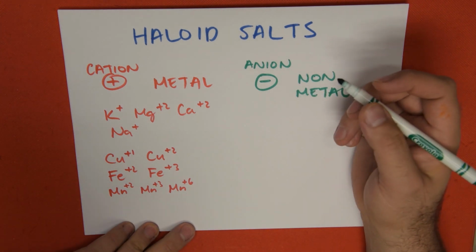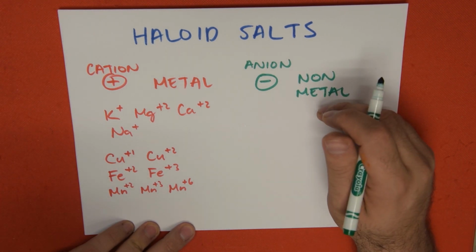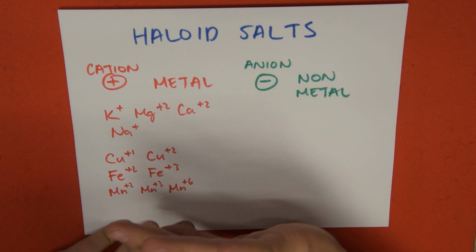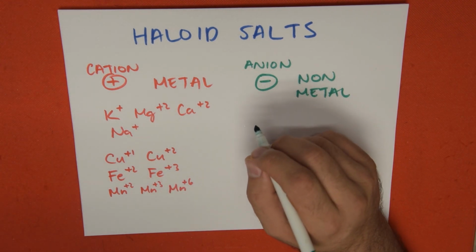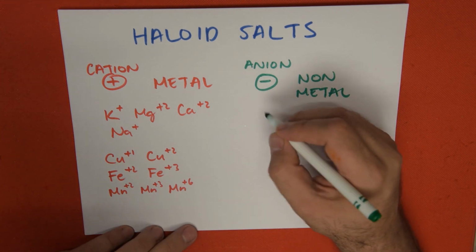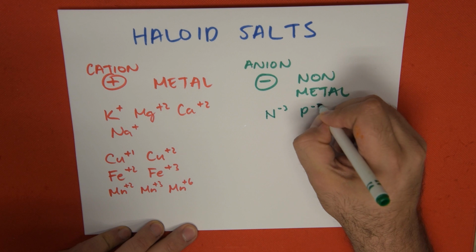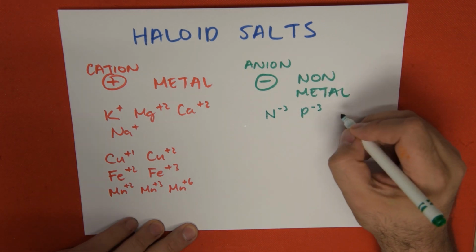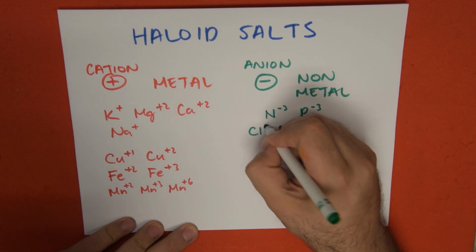Nonmetals are very simple to recognize. We do not count oxygen in this type of family because oxygen with metals forms oxides, so it's something different, okay? So we can speak about elements such as nitrogen, which has a -3 valence, phosphorus, which is also -3. We can talk about halogens, chlorine, bromine, iodine, which are -1.